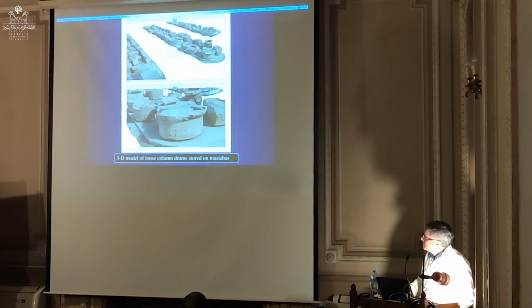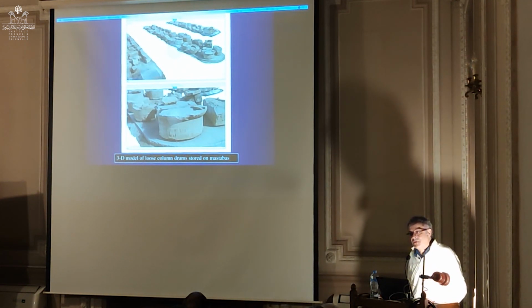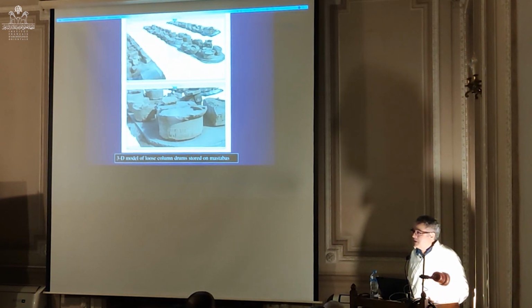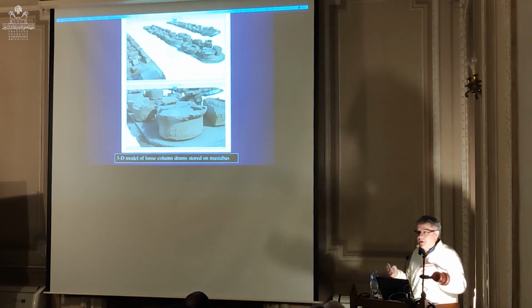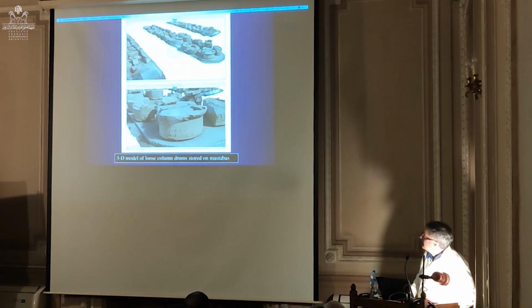It was also possible through the creation of 3D models to look at the decoration of the various blocks from close up. So that allowed us to save time on the field and then to carry out at home an investigation of what it was possible to see.